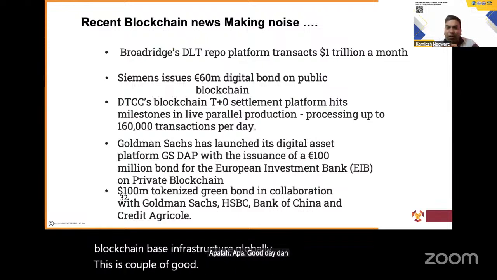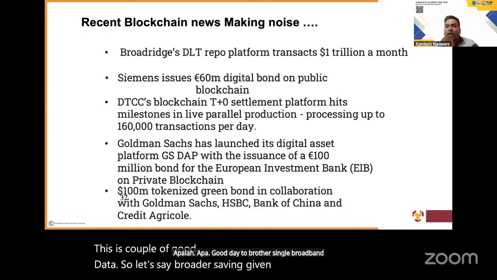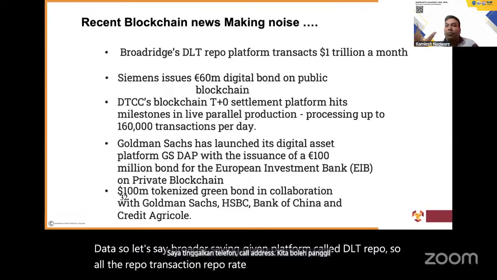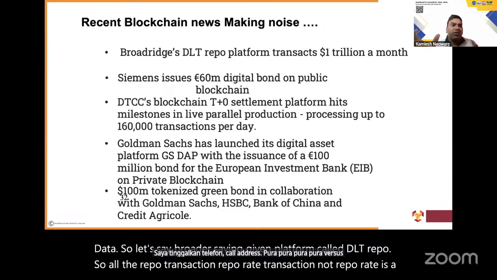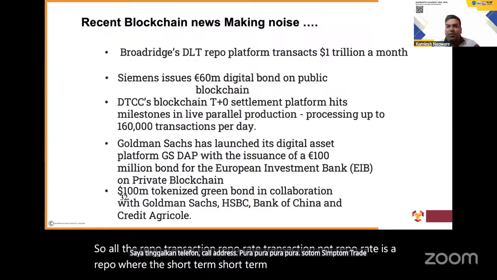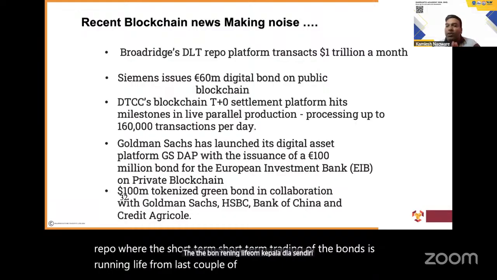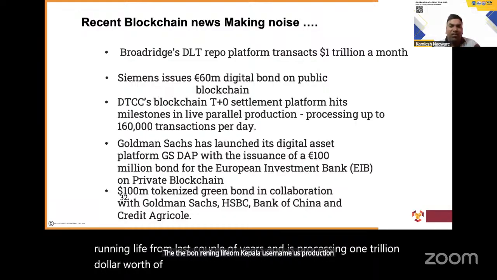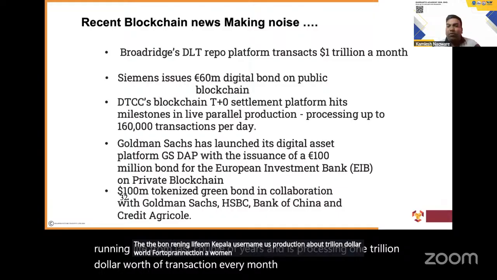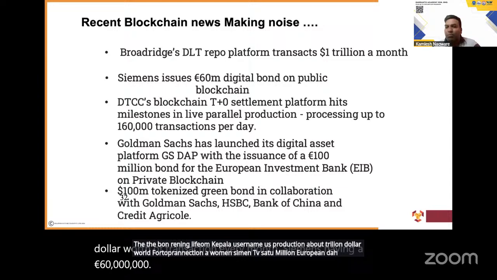Let's say Broadridge has a platform called DLT Repo. Repo is the short-term trading of bonds, and it has been running live for the last couple of years and is processing a $1 trillion worth of transactions every month. Siemens has a 60 million euro digital bond on a public blockchain.